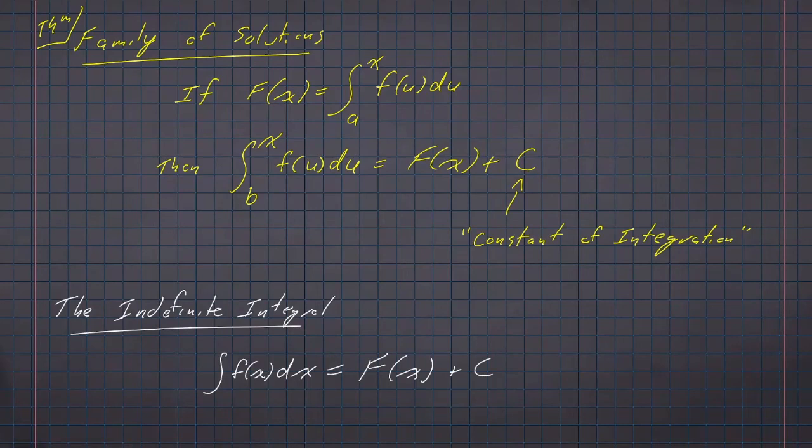And again, we are just implying that when we're taking the indefinite integral, we don't know what the starting point is. So when I say plus c, I mean that quite literally. There's going to be a plus c in our solution.